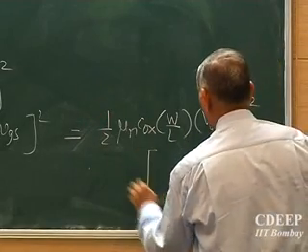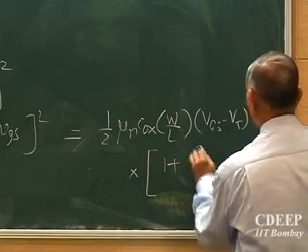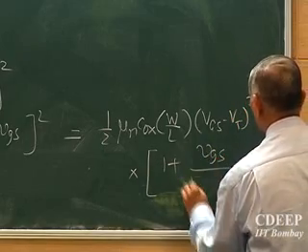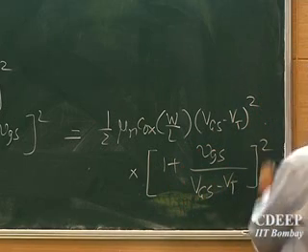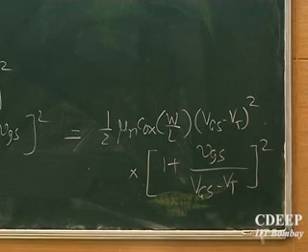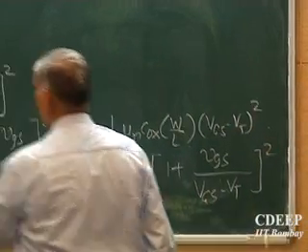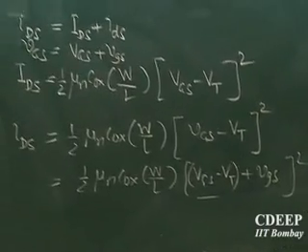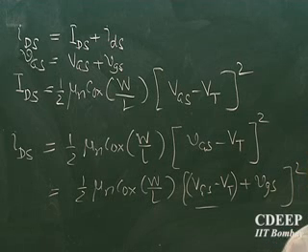So what should be in the bracket? 1 plus vgs upon VGS minus VT, the whole square. This factor, I take it out of the bracket. So I get 1 plus small vgs upon VGS minus VT, squared, with the square remaining there.